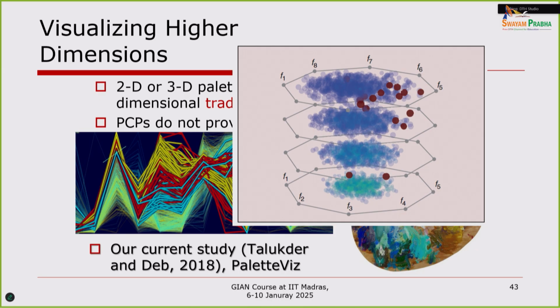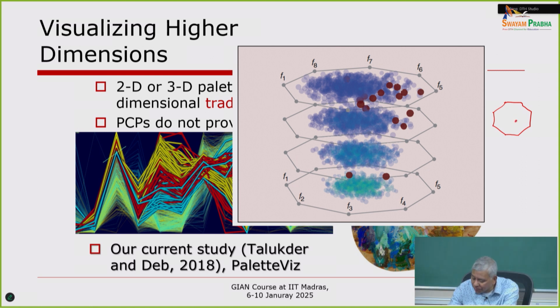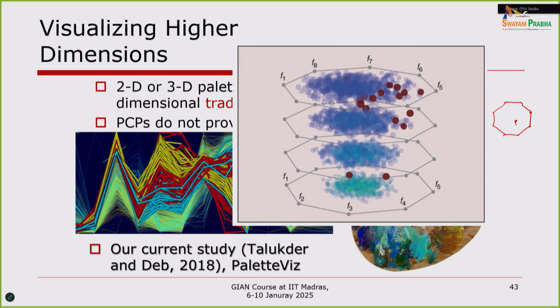What that is, if you have 8 dimensions, we have an octagon, right? Okay, and then any point you have here will have 8 values, 8 different objective values. The idea is these are your anchor points on this octagon. You assume this point is connected with a spring to every one of them. Okay.